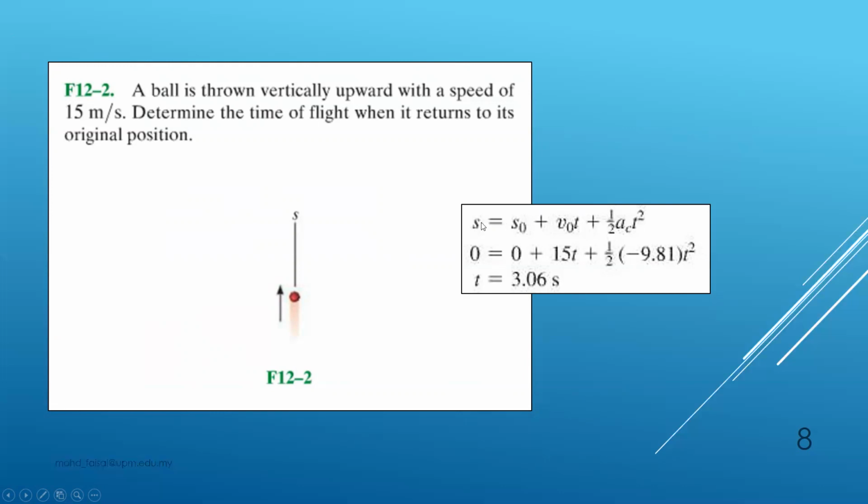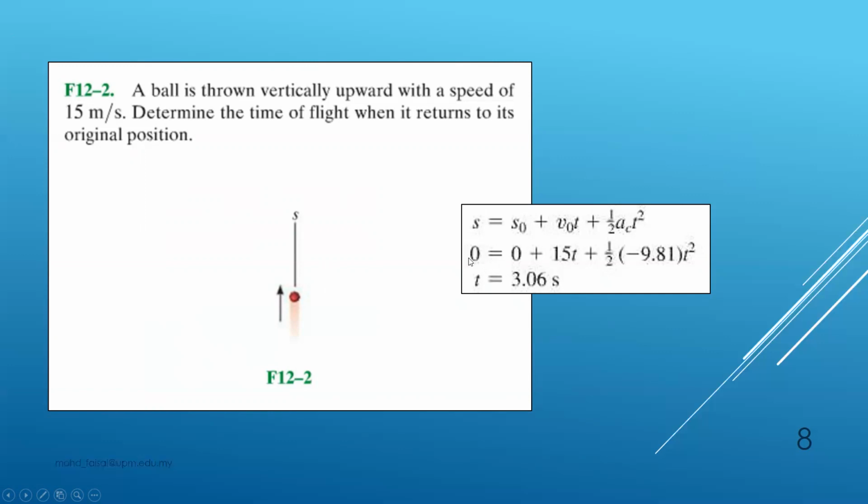We have s, the final position, equal to s naught, which is the initial position, plus v naught, which is the initial speed, times t, total time, plus half a_c t², a_c in this case, because it is moving in the vertical direction and against the gravity. And you can see we have a minus sign here because it is going up, right? And t squared. So you just plug in the values.